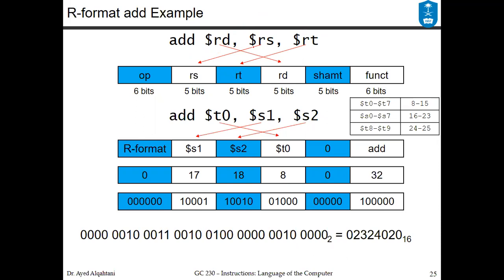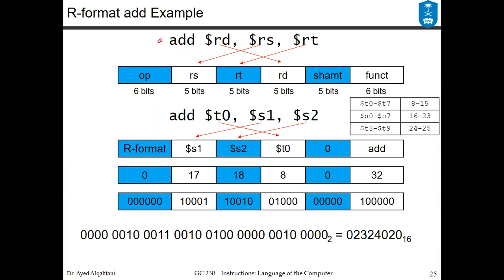You see that it's recorded in the machine code in an opposite place. So the RD would be here, and the RS and the RT would be here. So you copy the RS here, the RT is here, the RD is here, the shift amount is zeros for now, and the opcode with the function field tells you that the instruction is add.